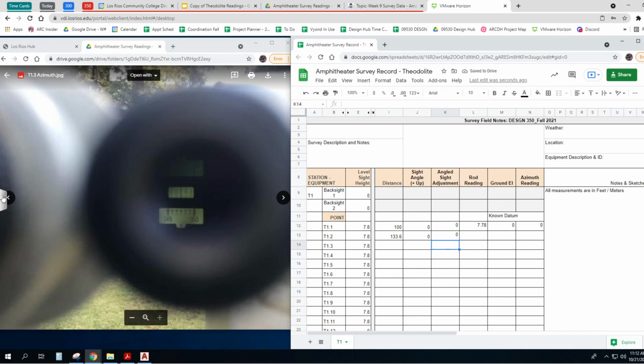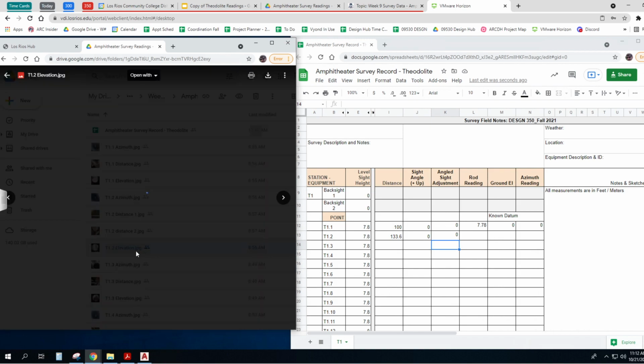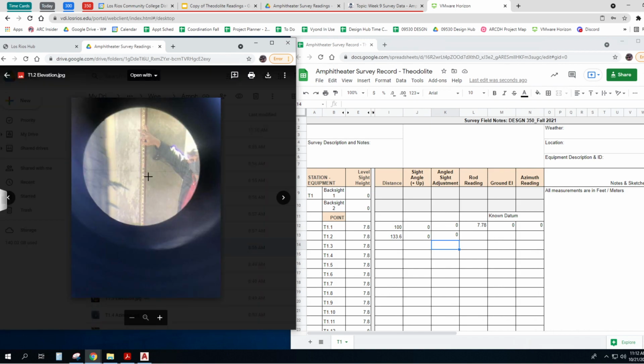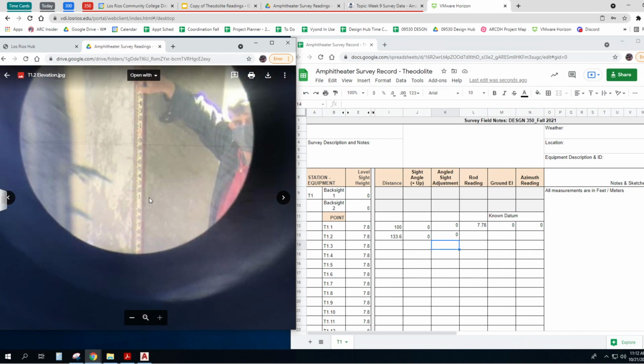Okay, so let's see if we can see the ground elevation. On this one, it looks like there it is again. There's the 5. So this one looks like 4.8246.